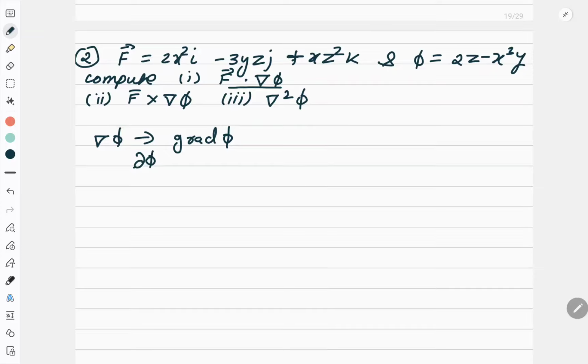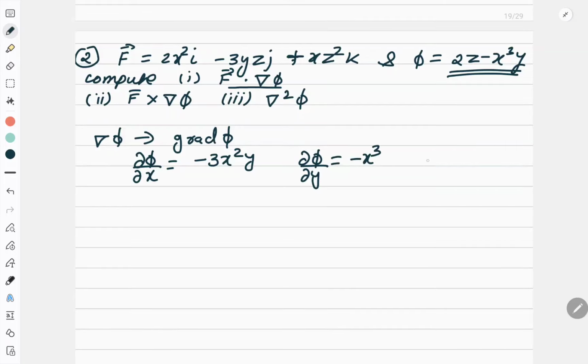First step, dou phi by dou x. What is dou phi by dou x here? Differentiate this with respect to x. So minus 3x square y. Now they have not given any point, so I will find it at this only. Now what is dou phi by dou y?